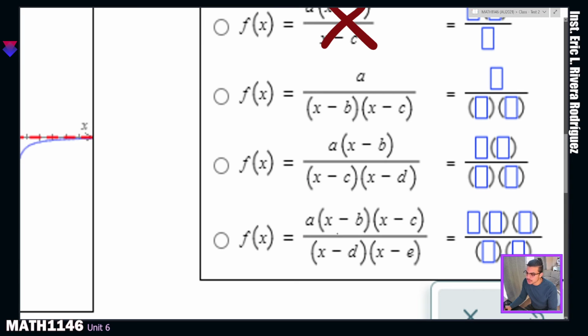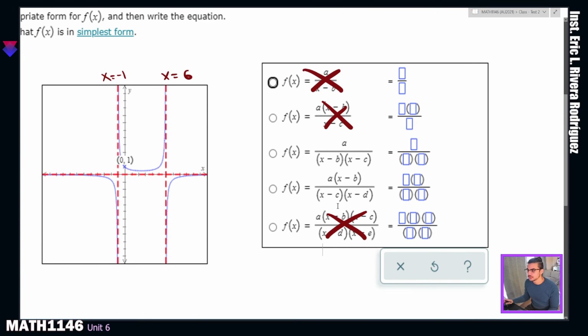Then on the third one, we have two linear factors on the numerator, two linear factors on the denominator, all of them with degree of 1. This one is not good, because here we have equal degree between numerator and denominator. Okay, so the battle is between these two.